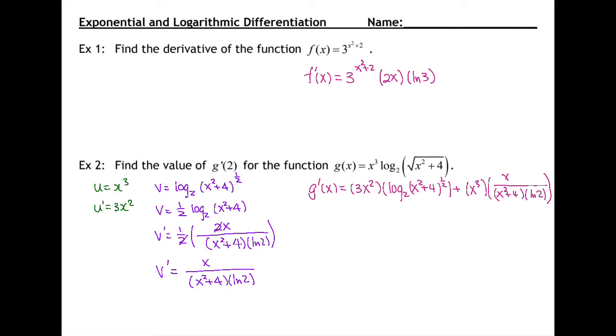Once again, I can pull this exponent in front of the log, which becomes a coefficient. So I'm going to do 3 times half, which will be 3 over 2. Combine the numerator, so x to the power 4.